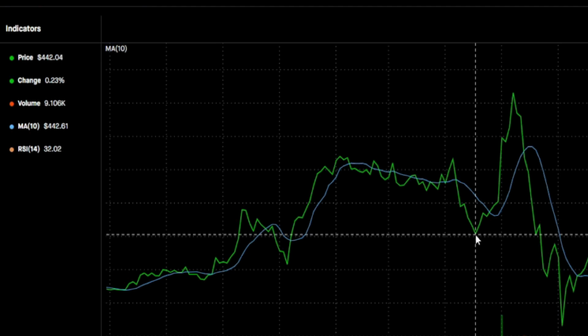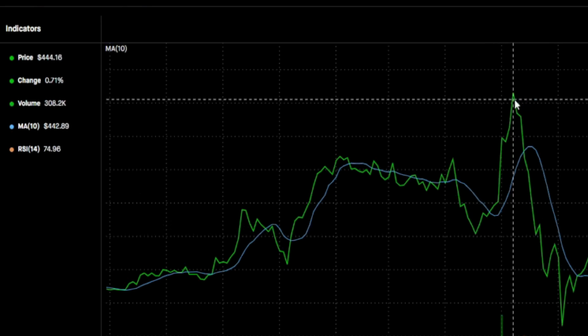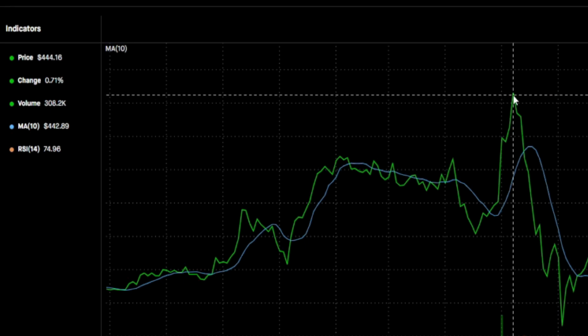But you could see that the volume, the number of people who entered into this trade, buying or selling when the stock came down to 442 at 9 a.m. today, was 9.1k people, and then it rose all the way to $444.